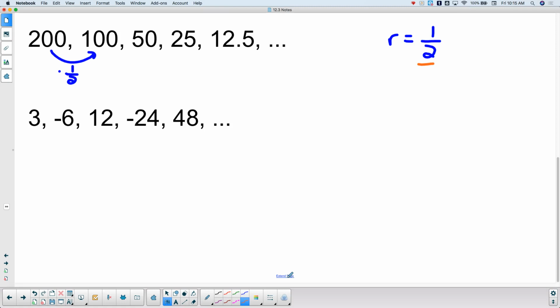Is it geometric? What do you got, Logie? Multiply by -2 each time? Yep. So we're always multiplying by -2 to get the next term. So we can have positive r values, fractional r values, and negative r values. All good.